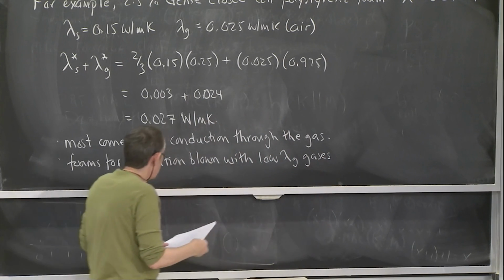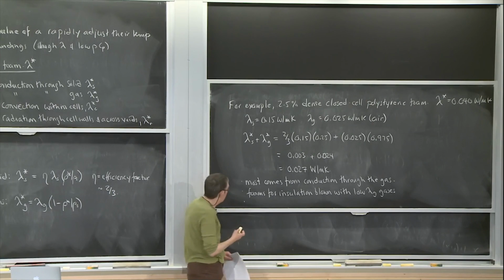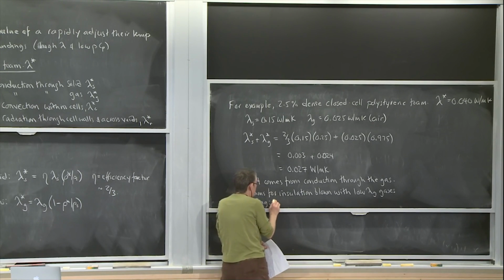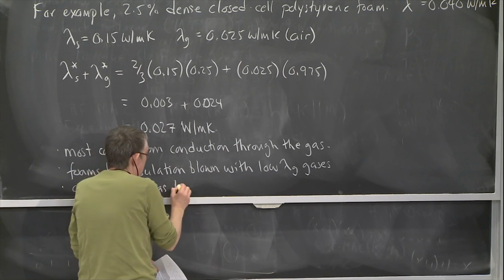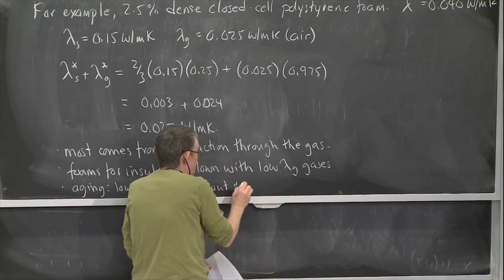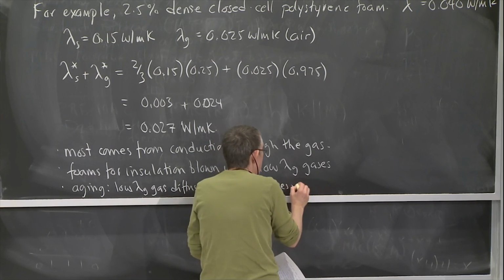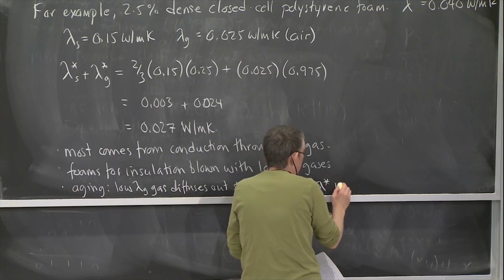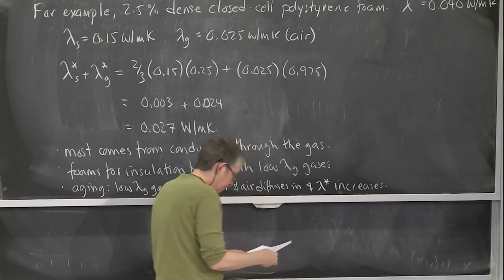But as I mentioned, you have this problem with aging that over time that gas is going to diffuse out and air is going to diffuse in. And then the overall thermal conductivity of the foam is going to increase.